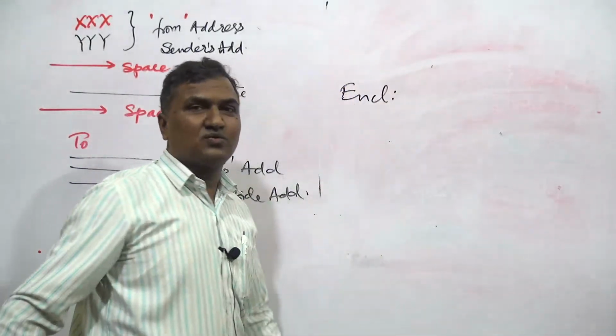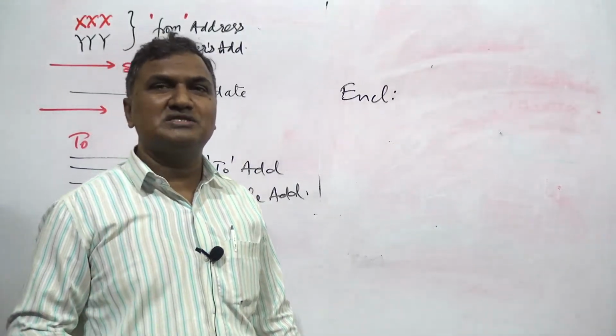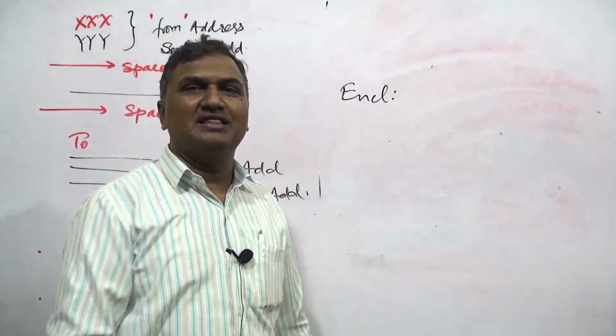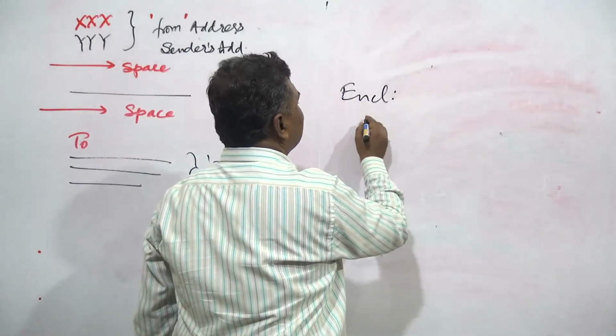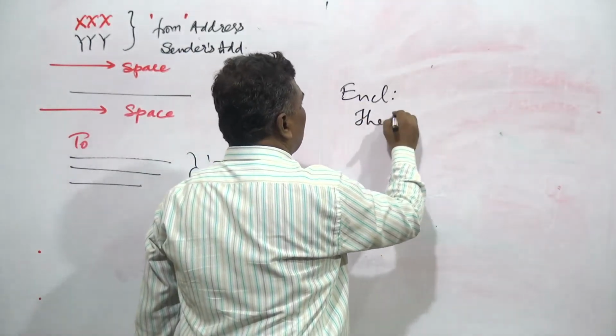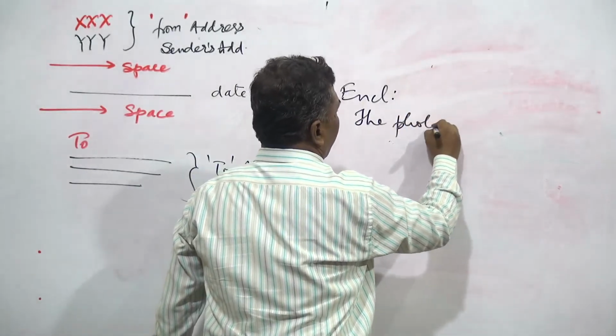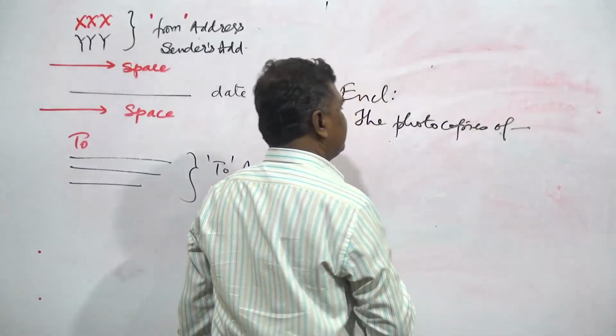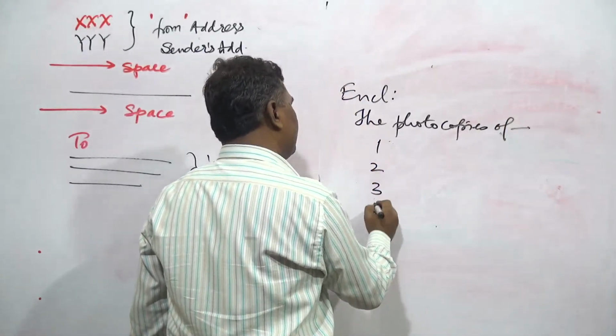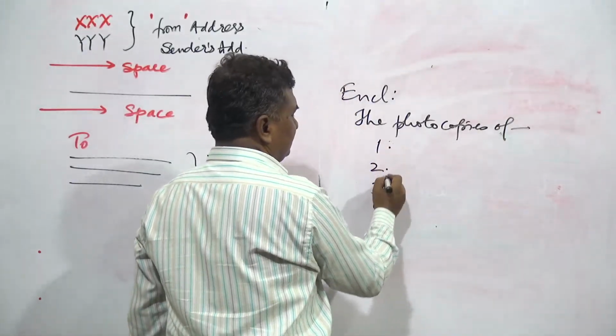E-N-C-L, enclosure. What are the documents that you are attaching with this letter? You can write the photocopies of 1, 2, 3, 4, 5.